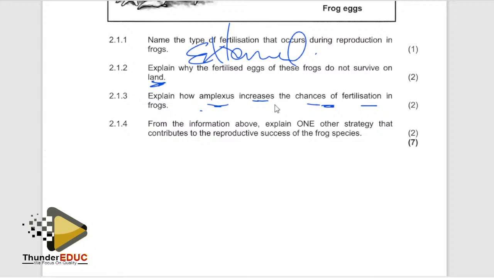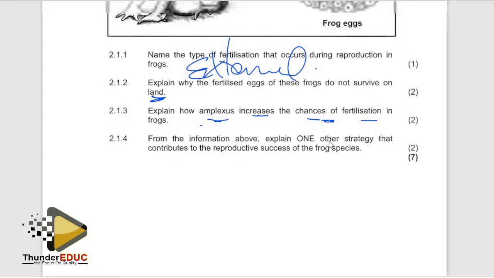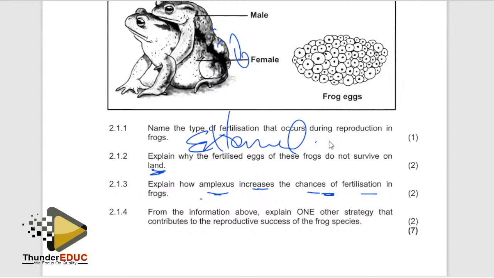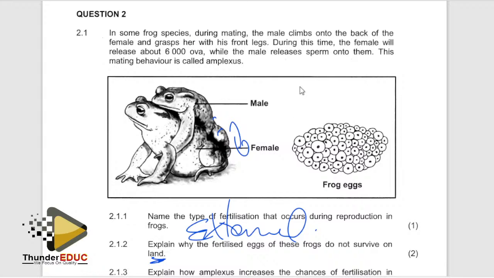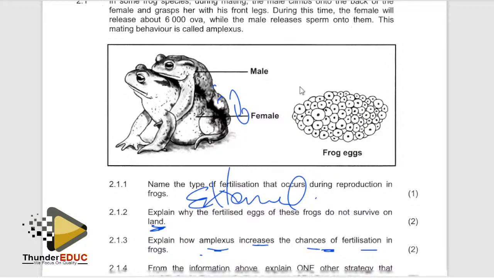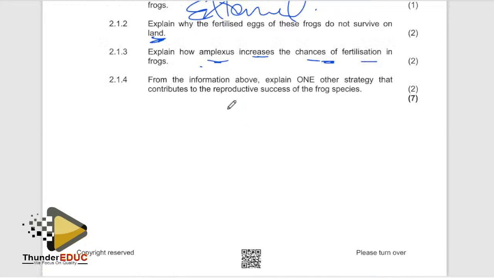From the information above, explain one other strategy that can contribute to the reproductive success of the frog species. So it depends on what you have said here. If you used sprinkling the sperms directly onto the eggs, and if you used the other one, you can swap, depending on what you used. These questions look almost the same.